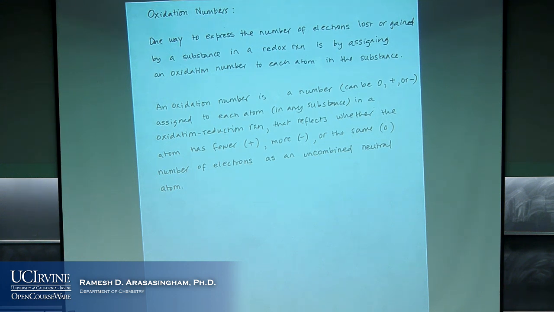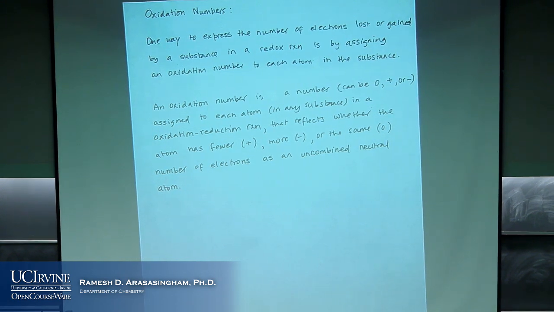We're going to look at every atom in a substance individually to figure out whether there's a change in the number of electrons. Okay? So that's what an oxidation number is. An oxidation number is a number, and this number can be 0, positive, or negative, assigned to each atom in any substance in an oxidation-reduction reaction that reflects whether the atom has fewer electrons than it started with, in which case it has a positive sign.